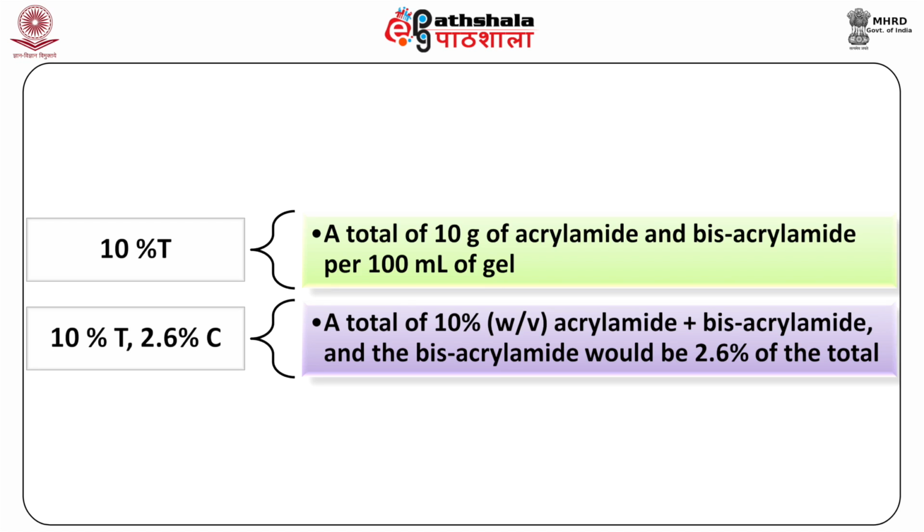A gel designated as 10% T, 2.6% C would have a total of 10% weight by volume acrylamide in addition with bisacrylamide, and the bisacrylamide would be 2.6% of the total.